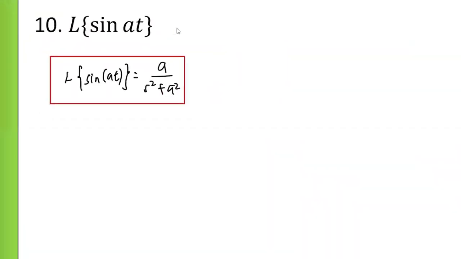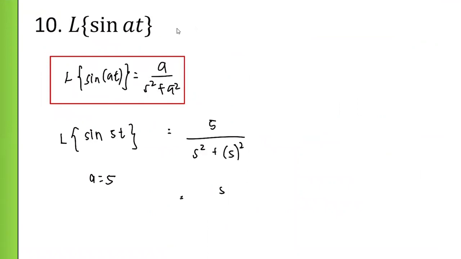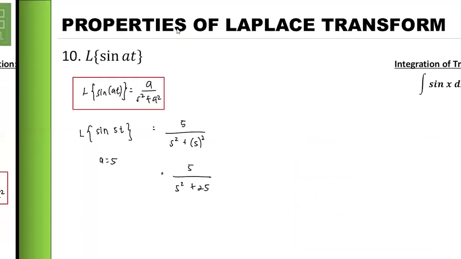And let's say we have a value L. What is the Laplace transform of sine 5t, for example? So our a here is equals to 5. So our solution will just be 5 all over s squared plus 5 squared, or 5 all over s squared plus 25. Okay? This will be our answer for this example.